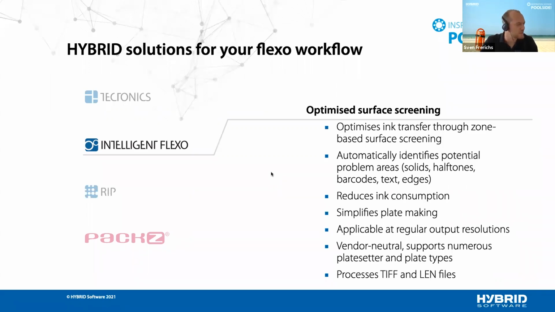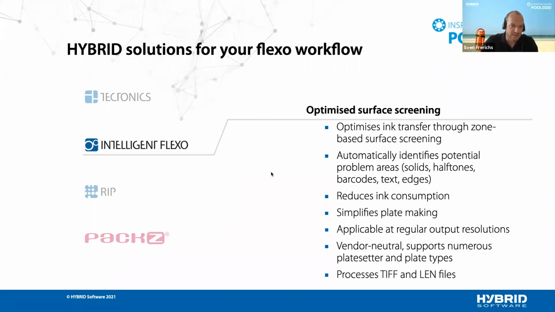It doesn't tie you into specific plate materials or image setter machinery, and it adds value to what you already have. And at the same time, through its automated artificial intelligence technology, it really can speed up the process of creating separations that have a significant quality, and it can also get you into running speed on your print machine quite easy.